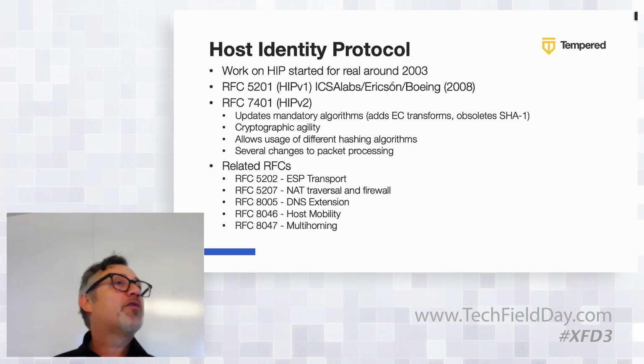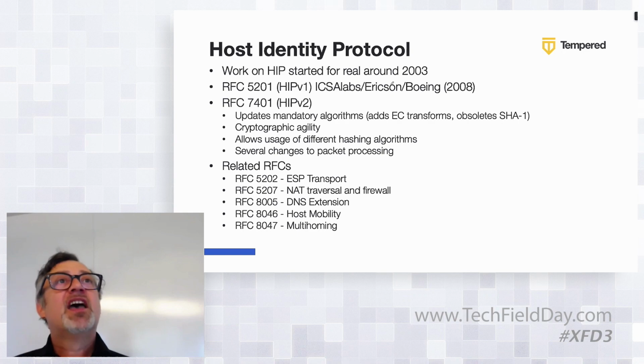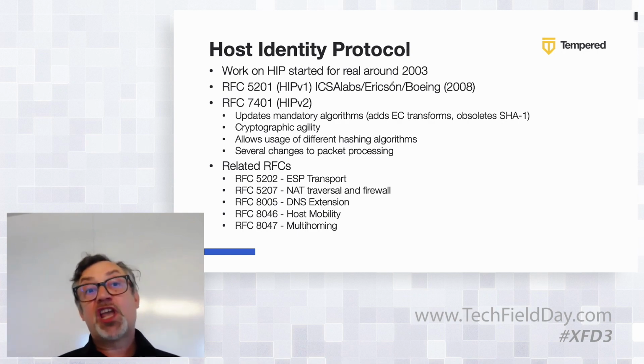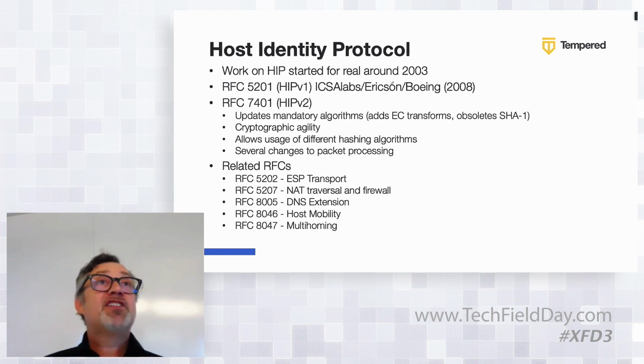A few of the crypto algorithms were kicked out, so they gave the boot to things like SHA-1. They added various mandatory transforms, a few elliptic curve related transforms, and they also allowed various things to be negotiated that version 1 didn't allow, particularly around the Diffie-Hellman key exchange. And I think there were also several changes related to the packet processing in the version 2 standard.